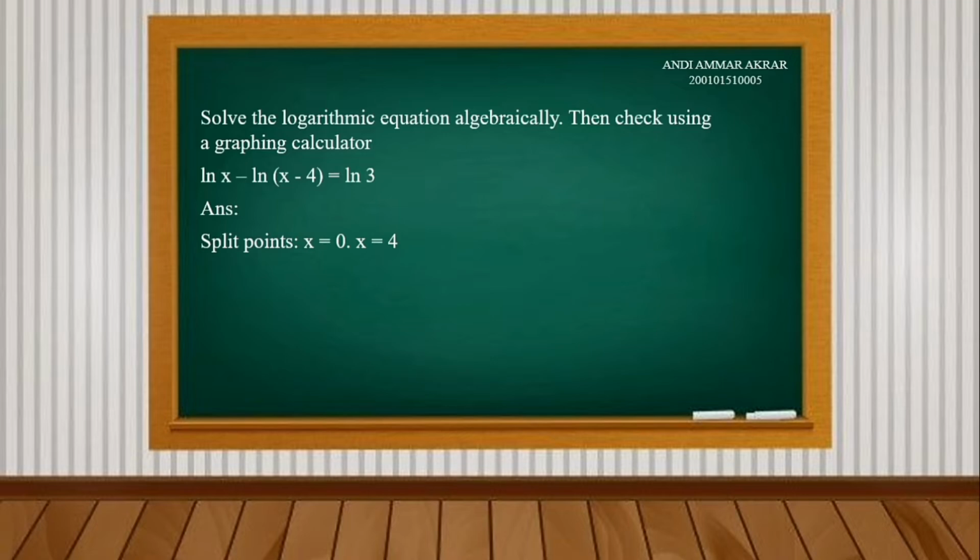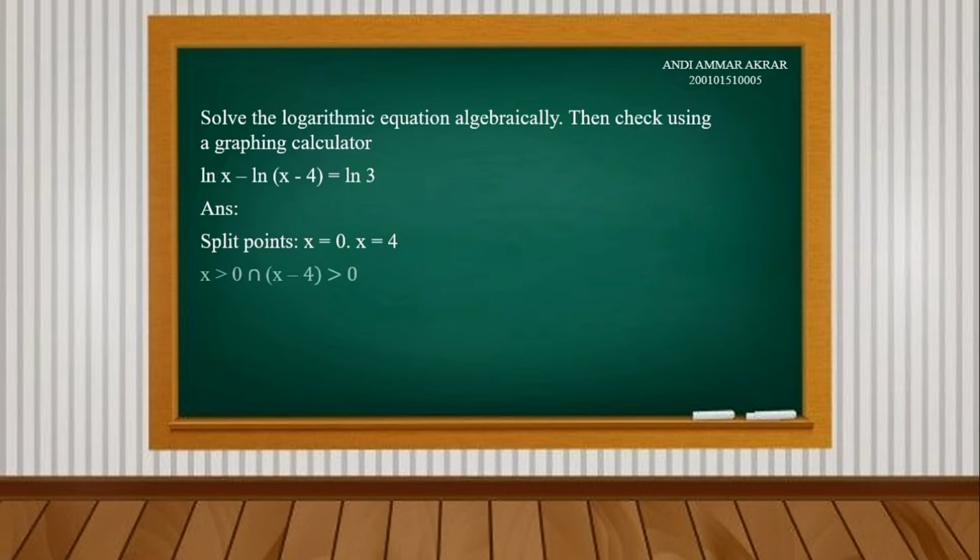We all know the domain of the natural logarithmic function is the positive real numbers. So we need to change the two split points that we have into the form of positive real numbers, then determine the intersection of them.